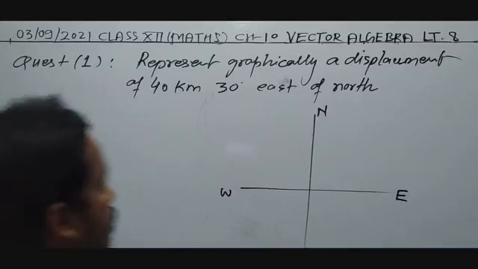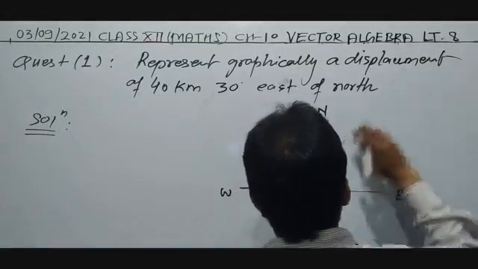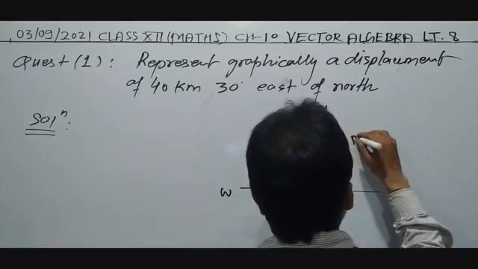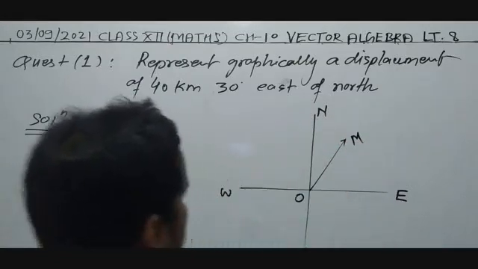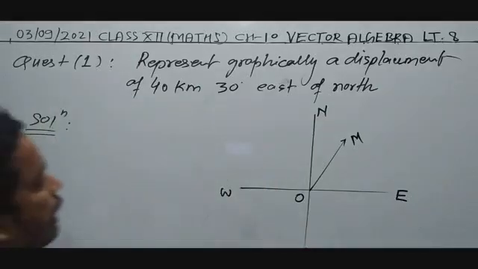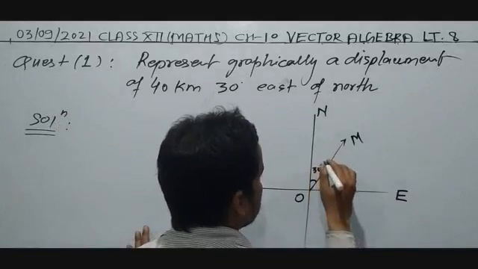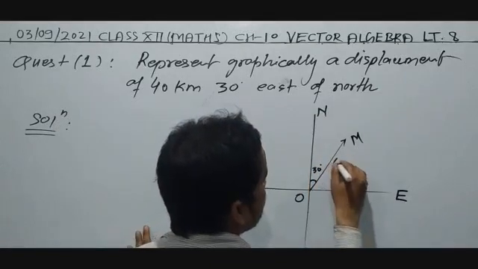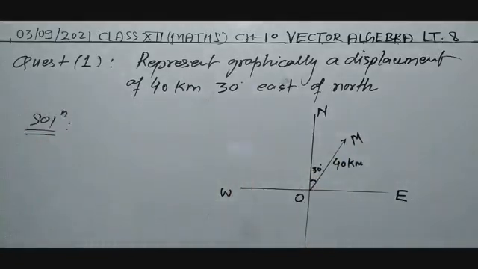Let us consider OM is a vector that is inclined at an angle of 30 degree with the north, of 40 kilometer.